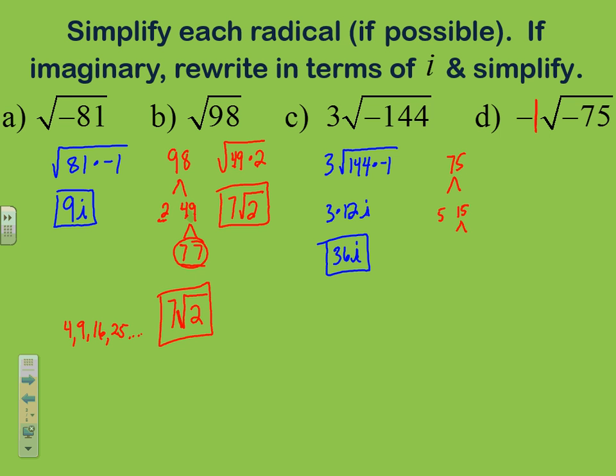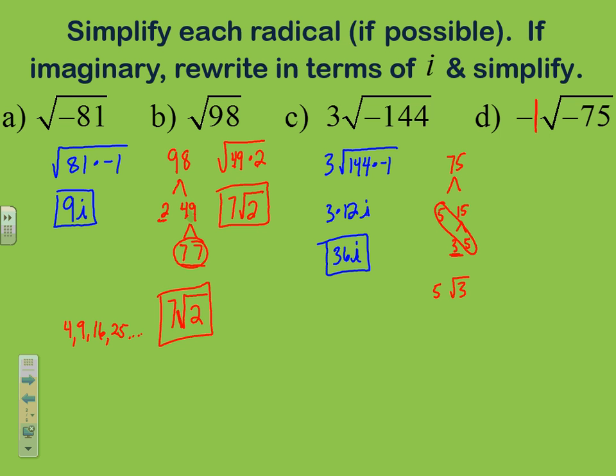The smallest factor of 15 is a 3, and if I multiply that by 5, that gives me 15. Now you see here, I have 2 5s. Those are 2 factors that produce the number 75, with this 3 being the lone factor left over.